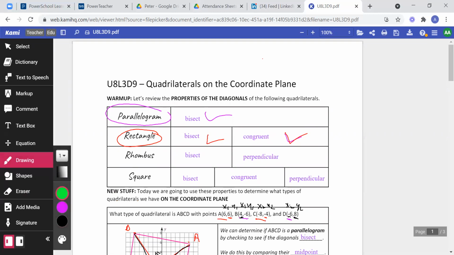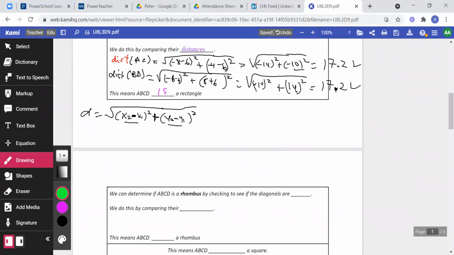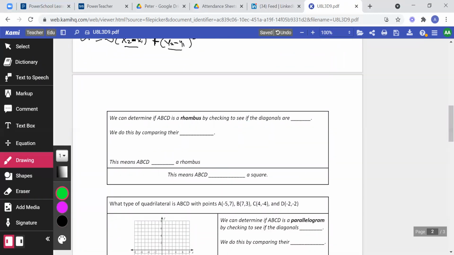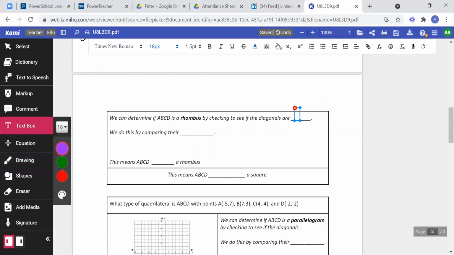Since we have already said that they bisect, let's see if they are perpendicular. In our first semester, how did we show that two lines are perpendicular? By checking what? The slope.